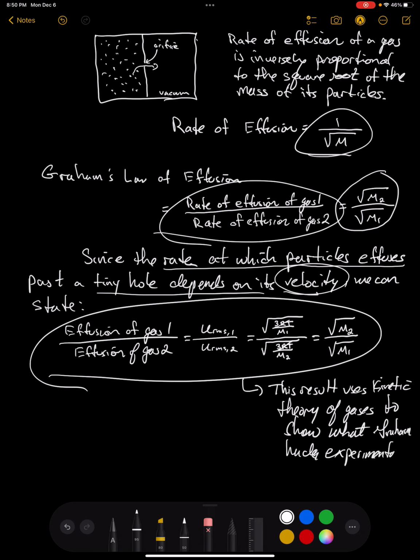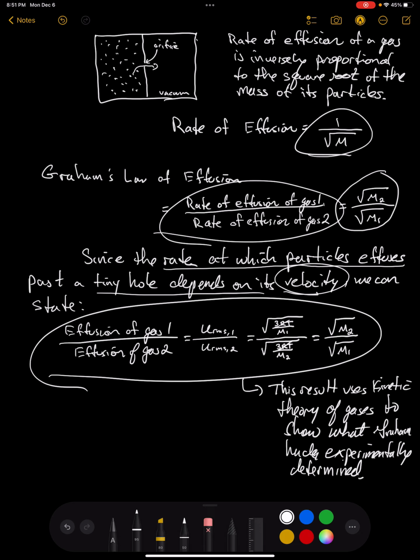So Graham came up with his law of effusion, this ratio of the rate of effusion of gas 1 to the rate of effusion of gas 2. He came up with that experimentally. And he arrived at this result that the ratio of these effusion rates is the root of the molar mass of species 2 divided by the root of the molar mass of species 1.